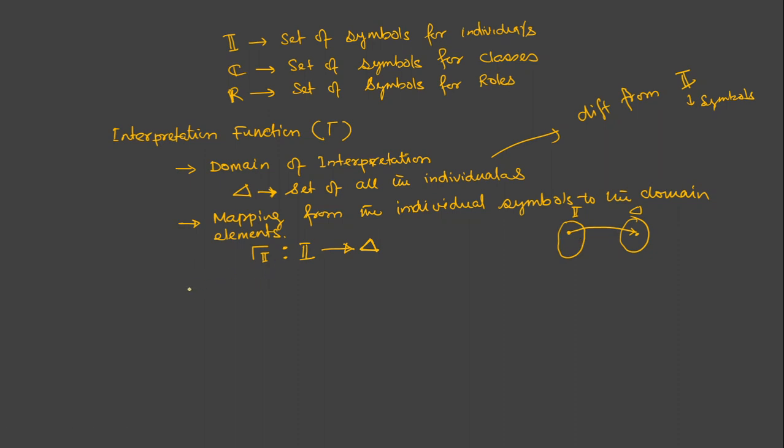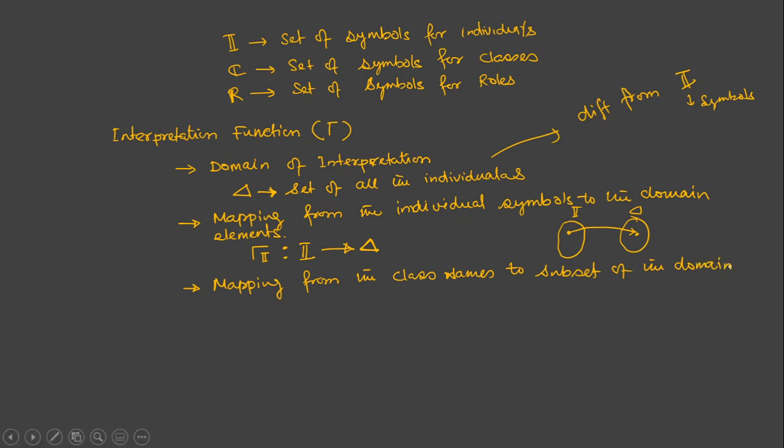The second thing that we need to have is a mapping from the class names or class symbols to a set, and that set should be a subset of the domain, right?